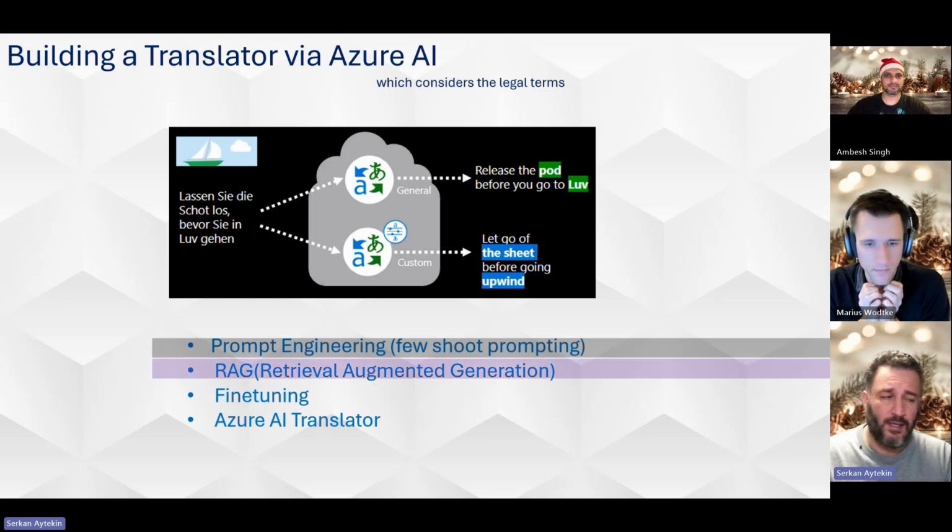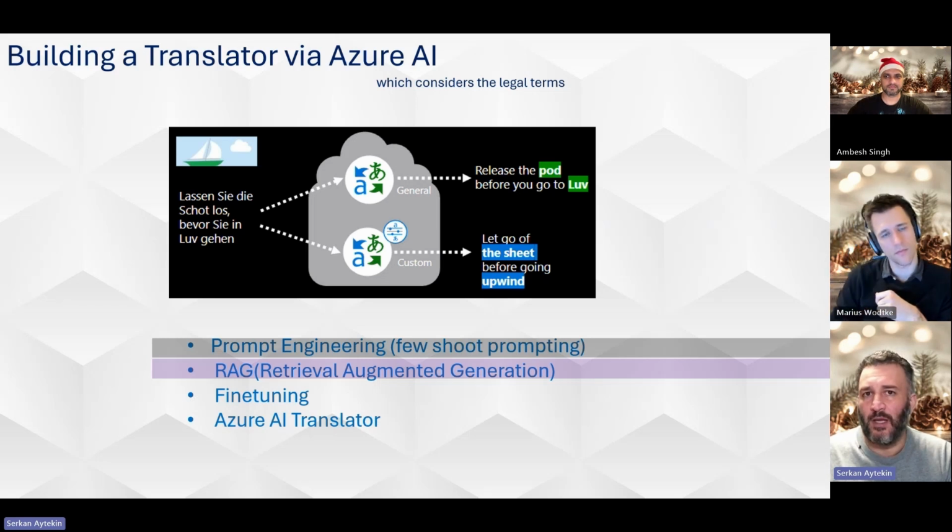Today, as I said, we will create a translator via RAG, and I will show you what we need for that in Azure AI. I have also implemented something so that you can see how it looks in the implementation in C# and so on.